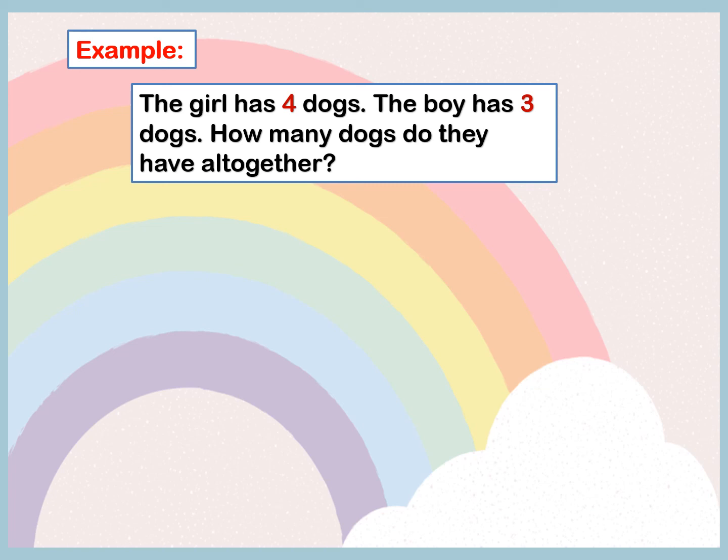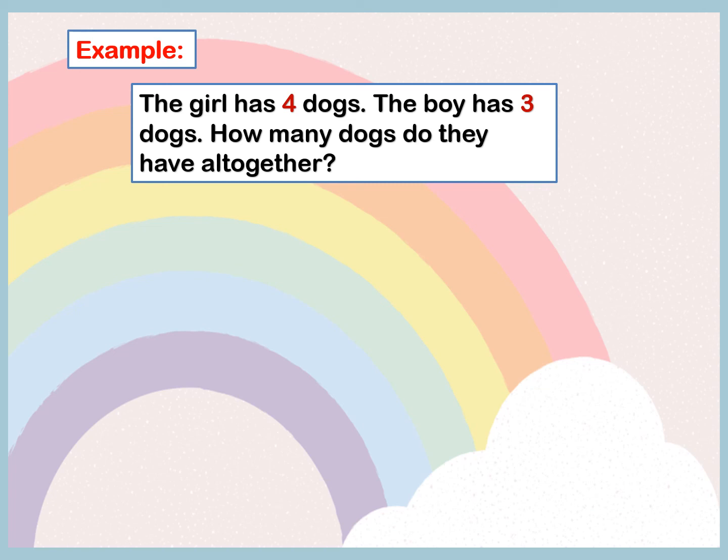Next, the boy. What pronoun should we use for boy? We can replace it with he. Very good. He. And the boy is only one. So we should use he has, or the boy has 3 dogs.